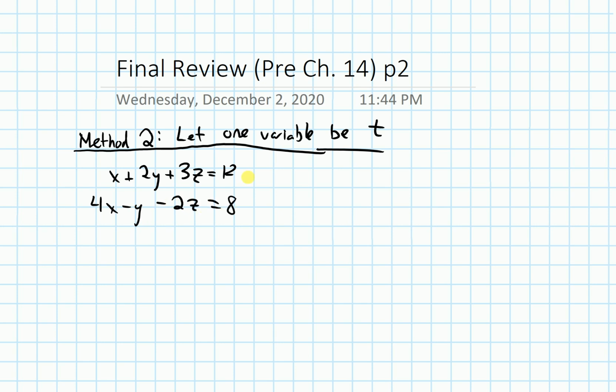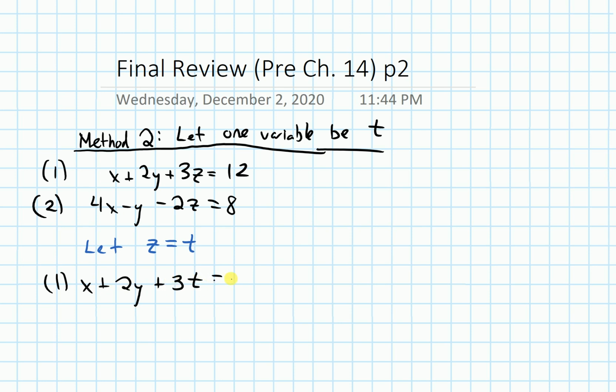I'll call this equation 1 and this one equation 2. I'm going to let one variable be t. It doesn't really matter which one, so I'll let z be equal to t. Then equation 1 becomes x plus 2y plus 3t equals 12, and equation 2 becomes 4x minus y minus 2t equals 8.